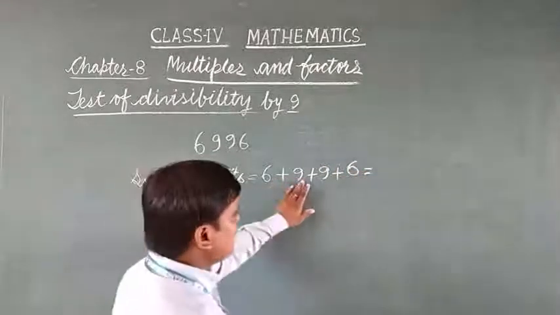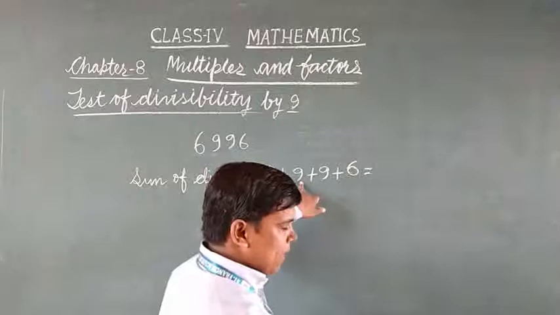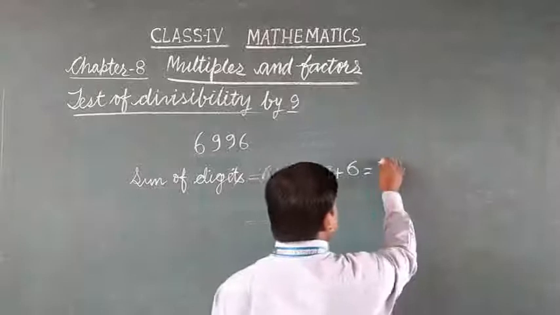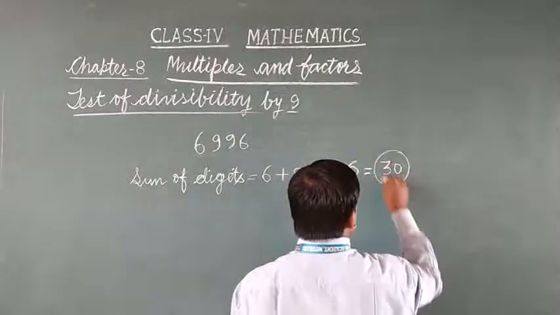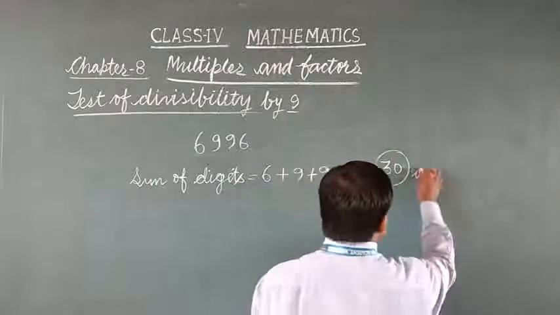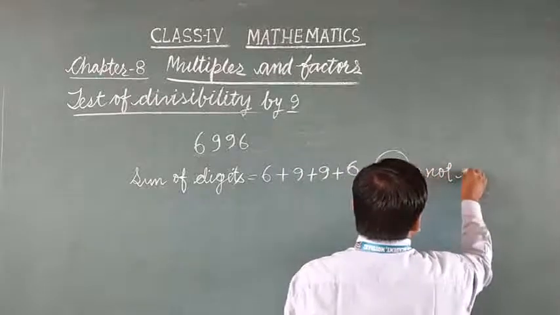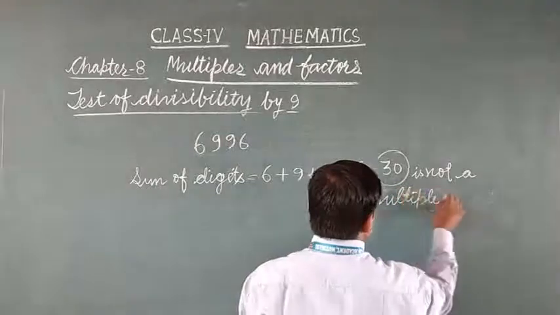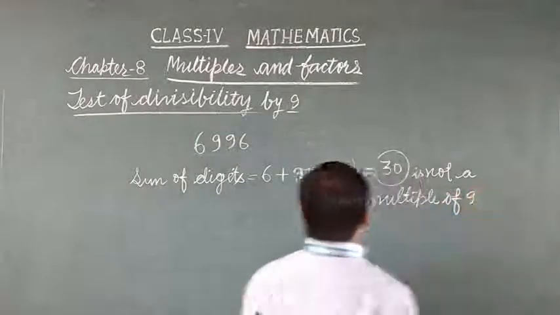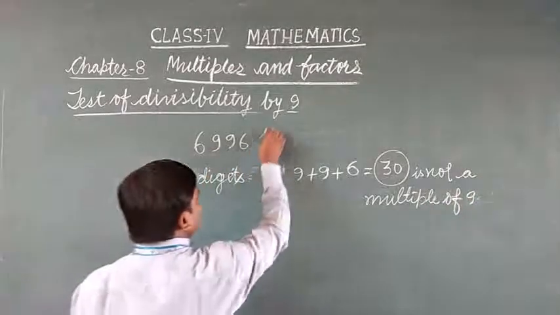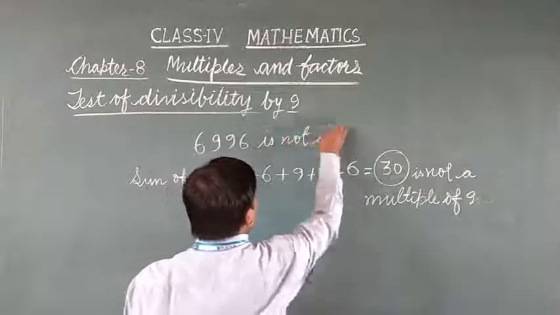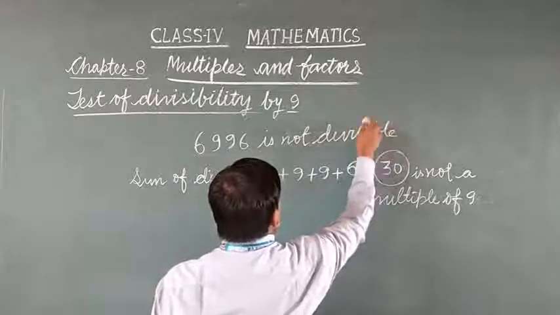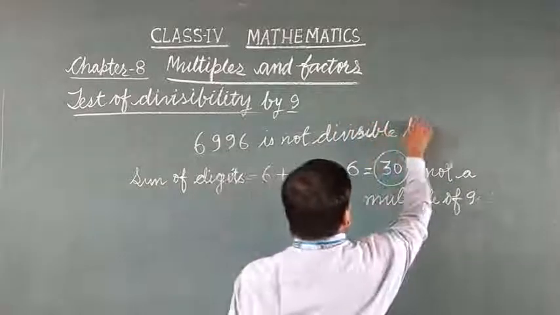So 9 and 6, 15. 15 plus 9, 24 plus 6, 30. 30 is not a multiple of 9. Therefore, this number is not divisible by 9.